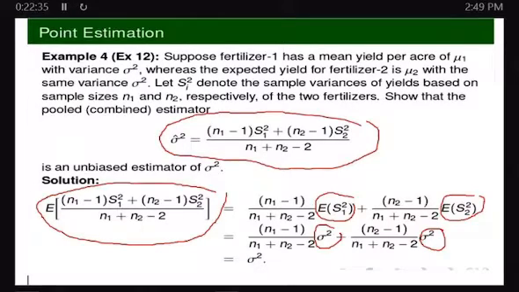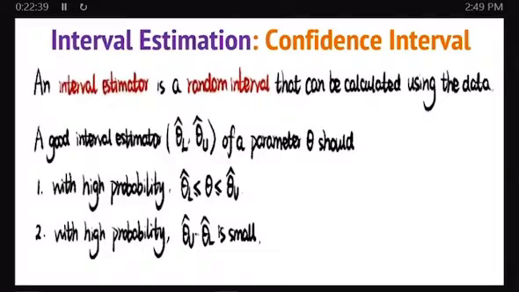Okay, I want to move to interval estimation now. Let me tell you the idea behind interval estimation. I told you the other time, it is dangerous to just settle for a point estimator. If we really want to know how to trust or how to rely on a point estimator, then it's better we incorporate a margin of error.